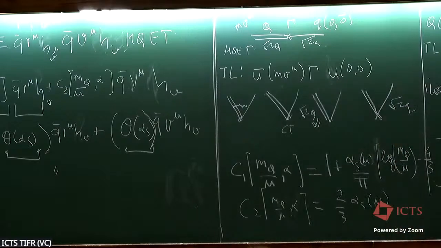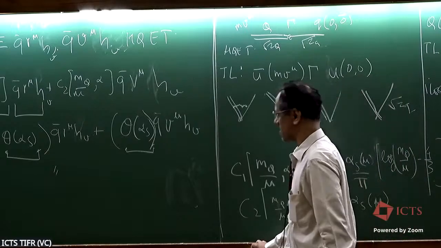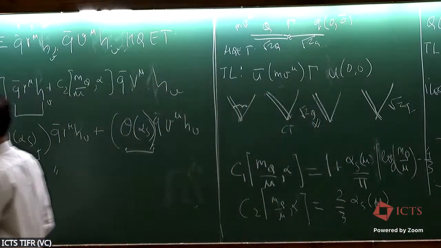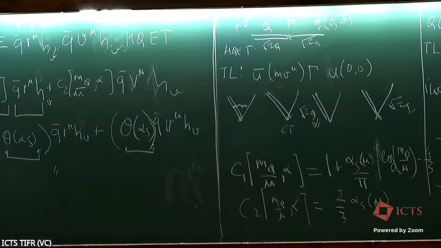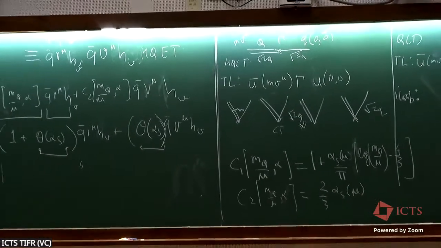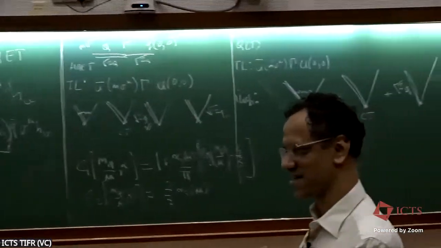So matching does not solve the problem of running, but it just tells you where you need to start. Yes, it doesn't have logs at this order, basically. And there might be a deep reason for it, but I don't know.